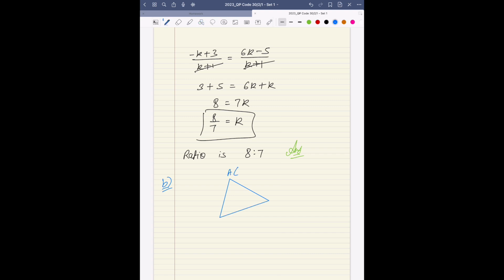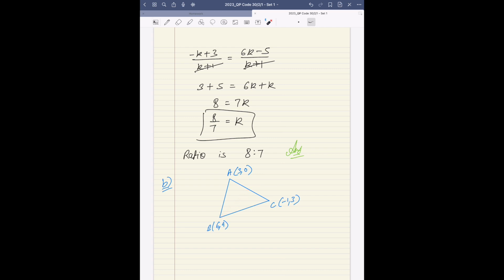So A is 3 comma 0, B is 6 comma 4, and C is minus 1 comma 3. These are the vertices of triangle ABC. Find the length of its median BE. What could be BE? Of course, E will be here because this is your B. So you need to find this, which is your median.